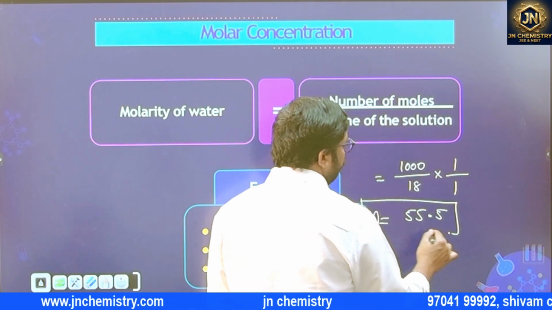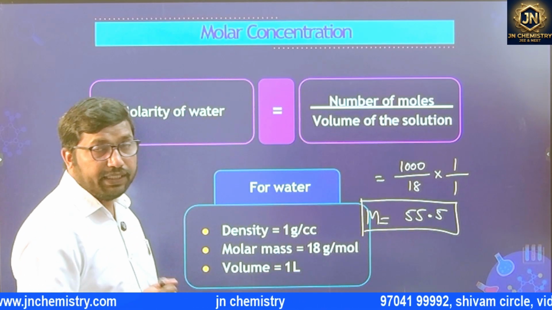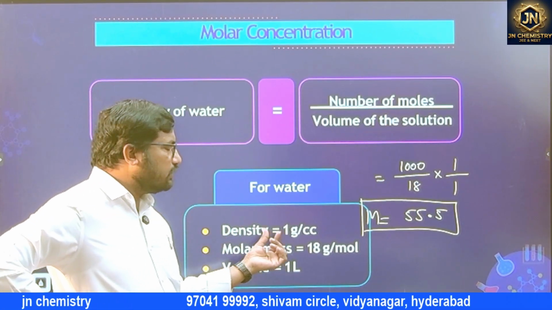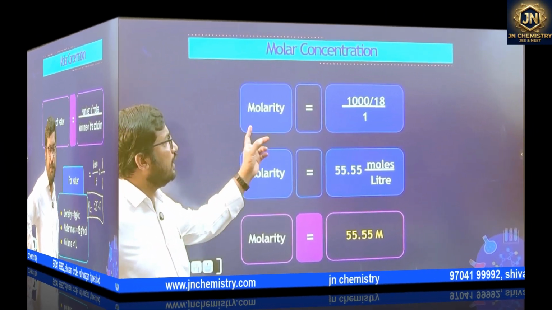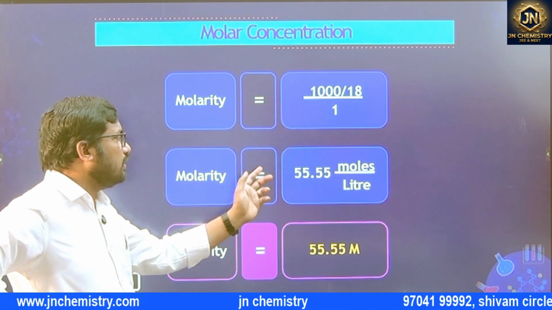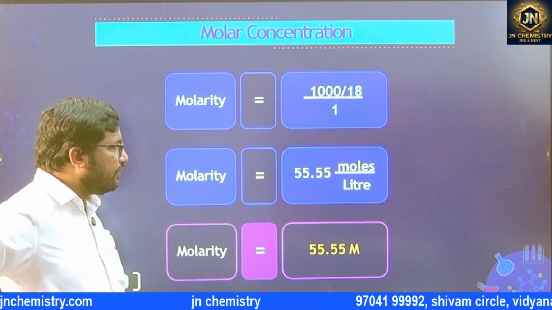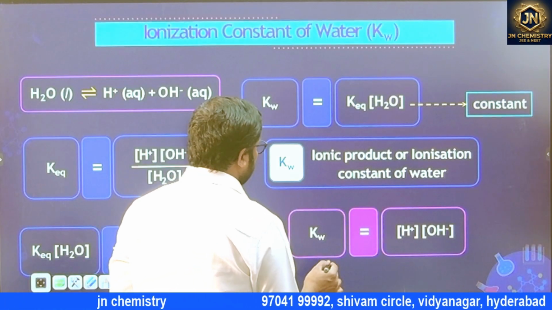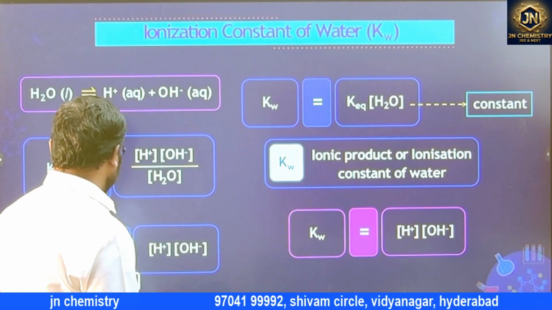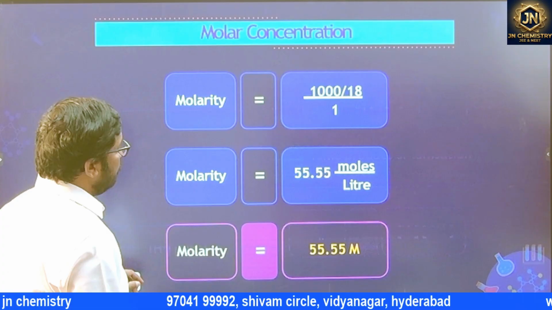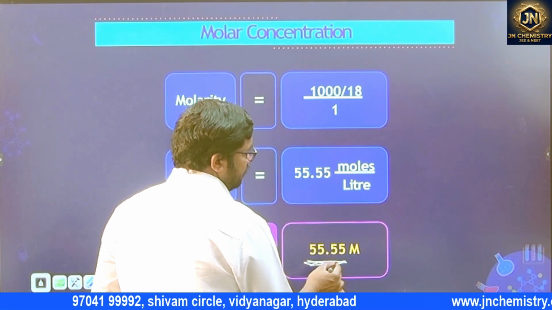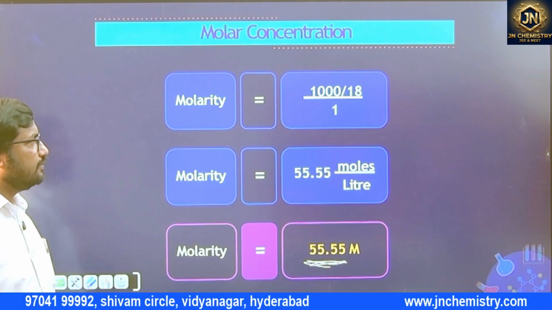This value they won't give, so we need to calculate it and remember it, because we'll consider the density of water as 1 gram per ml. So molarity is equal to 1000 by 18 into 1. I already gave you 55.5 mole per liter. We need to remember that.